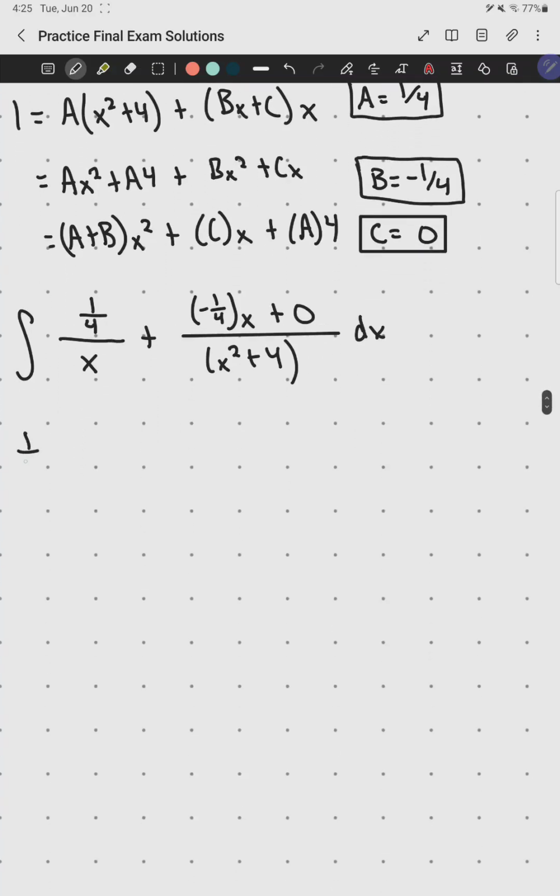Now let's move our constants out so this looks a little nicer. I'm going to keep this up. Actually, we'll keep it, we'll do minus 1/4 integral of x over x squared plus 4 dx.